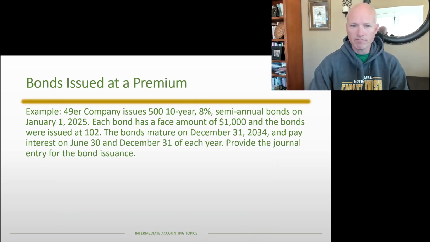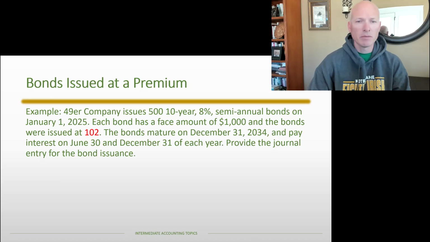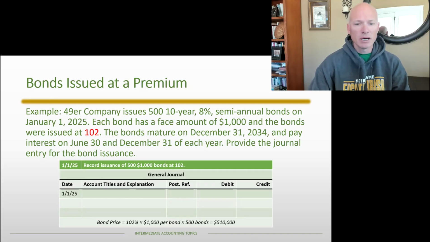In the second example, 500 bonds, 8% semi-annual bonds, they're issued at 102, which means it's a premium. Being issued at a premium, the idea here is that they're receiving more than the par value. So they're going to receive $510,000 for these bonds.